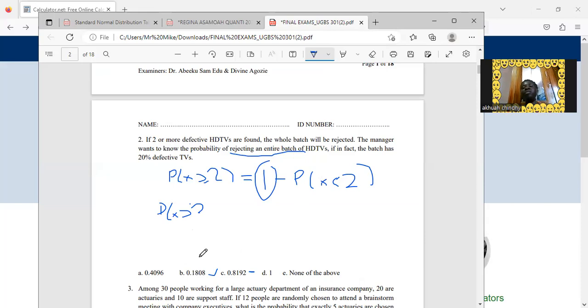Can you find for 2, 3, 4, 5, 6, 7, 8? I'm not sure you have that time. So you just find for the lesser figures, then you subtract from 1. But if you can do for 2, 3, 4, 5, 6, 7, 8, 9, 10, then I'll clap for you. All right. So we'll move on to the next question.